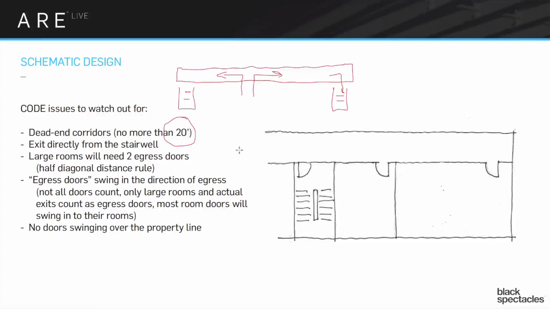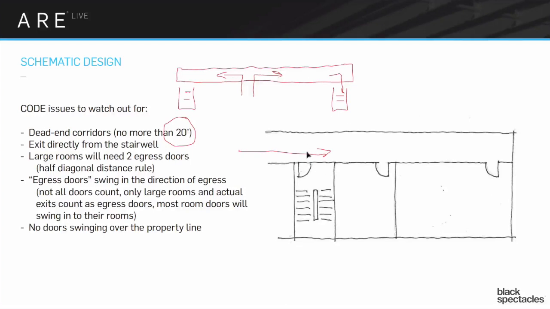So that means that if somebody's exiting this way and they missed that stair, they would go way down to the end here before they realized there wasn't an exit to get back. And this looks longer than 20 feet to me. First of all, I could find a bunch of different ways to fix this issue.